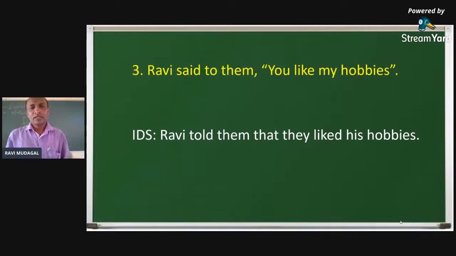Now, the direct speech is, Ravi said to them, "You like my hobbies." How do you change it into indirect speech? Said to is changed to told. In direct speech, after said to them we see the comma.